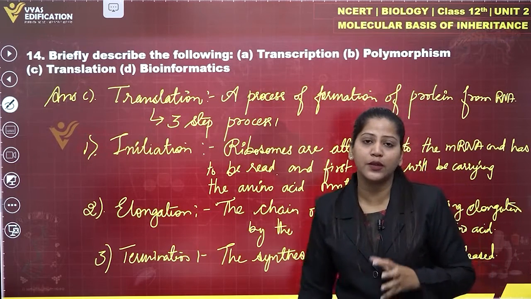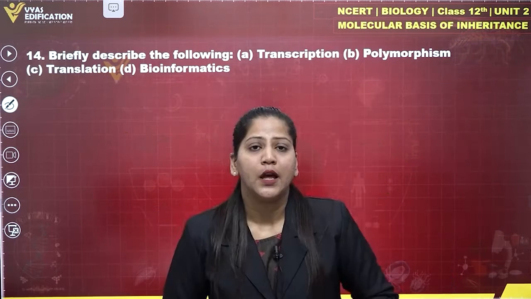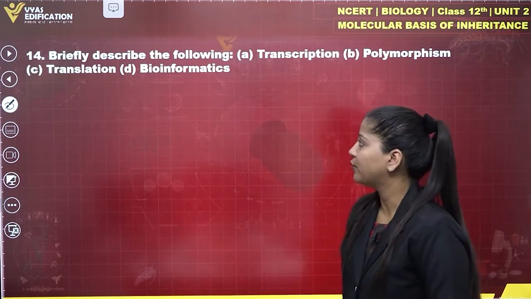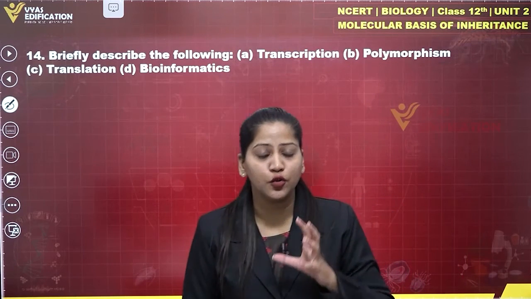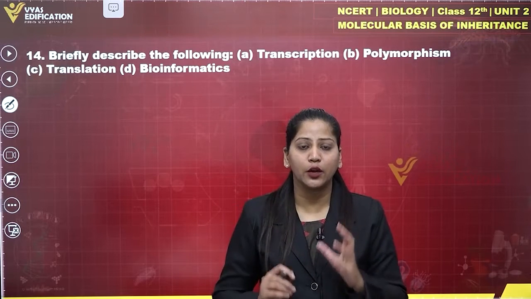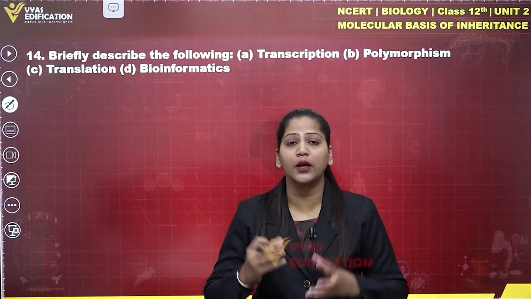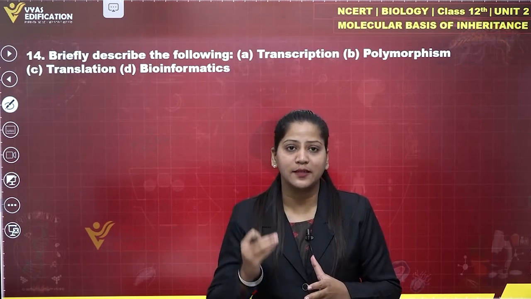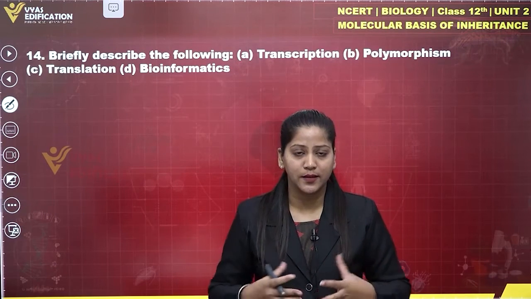So this is the complete description of the process of translation. With this, we have completed the third part, or C part, of this question. Now we'll be discussing the last part of this question, that is the description of bioinformatics. So what is bioinformatics? It is the use of information technologies for collecting and analyzing complex biological data such as genetic codes and protein sequences.